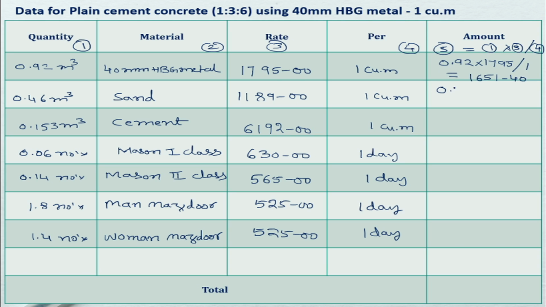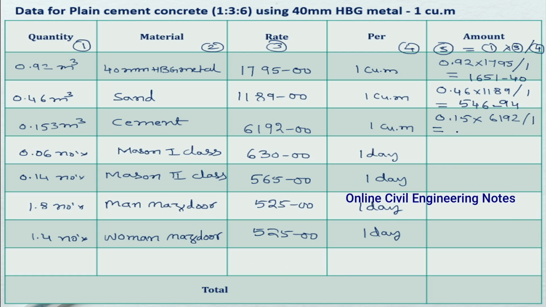Sand amount is 0.46 into 1189 divided by 1 cubic meter, 546 rupees 94 paisa. Cement amount is 0.153 into 6192 divided by 1 cubic meter, 947 rupees 38 paisa.